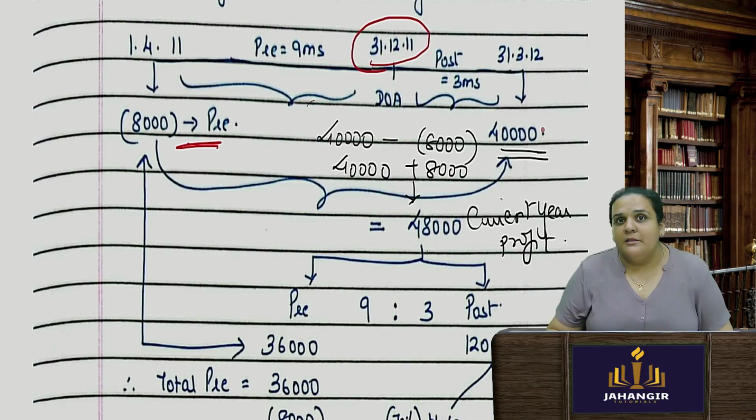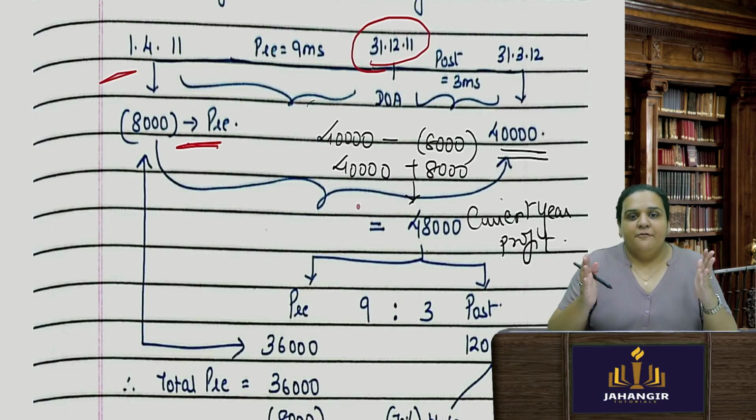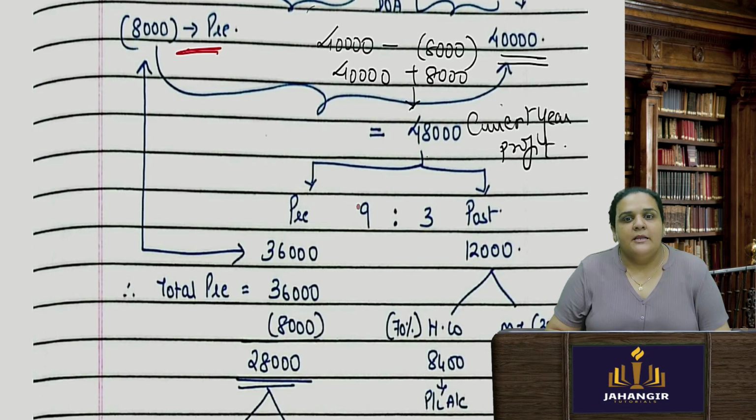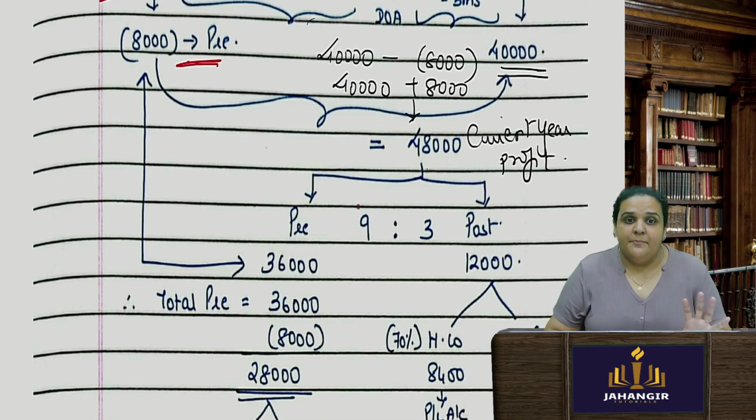If date of acquisition was 1st of April, this entire profit 48 I would have treated as a post profit. But since holding company has come in between, on 31st of December 2011, therefore this current year profit also now has to get divided between pre and post. Right, so 48,000 for 9 months it was a pre profit, and for 3 months it is a post profit.